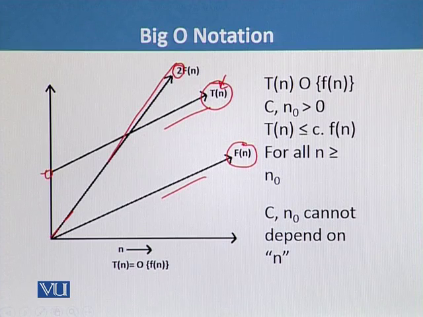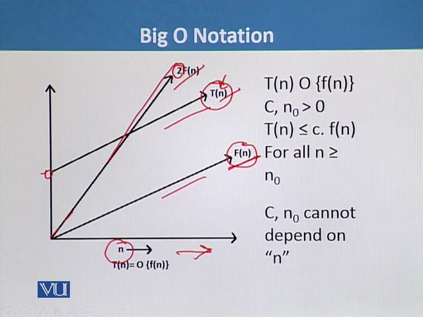So in this event, we would say that T(n) is indeed a big O of f(n). The reason is that for sufficiently large n, once we go far enough right on this graph, a constant multiple of f(n), twice f(n), is an upper bound of T(n).